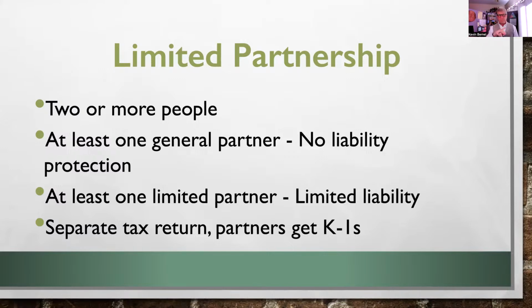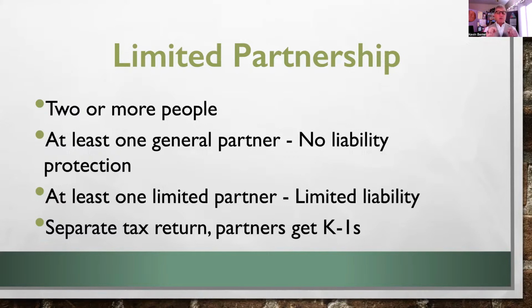Now, in a limited partnership, there must be at least one general partner, and that general partner is liable for all the acts of the partnership. Just like general partners in a general partnership had no liability protection from the entity, general partners in a limited partnership also do not have liability protection from the limited partnership entity itself.